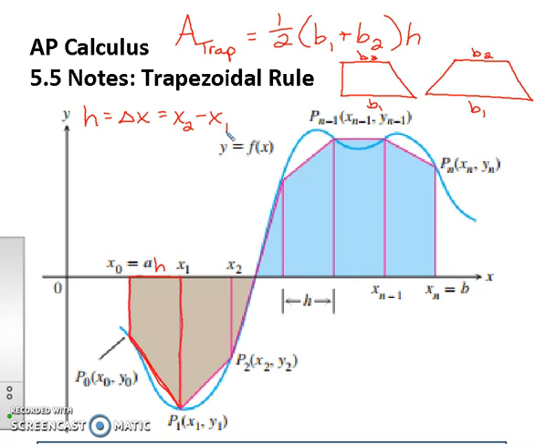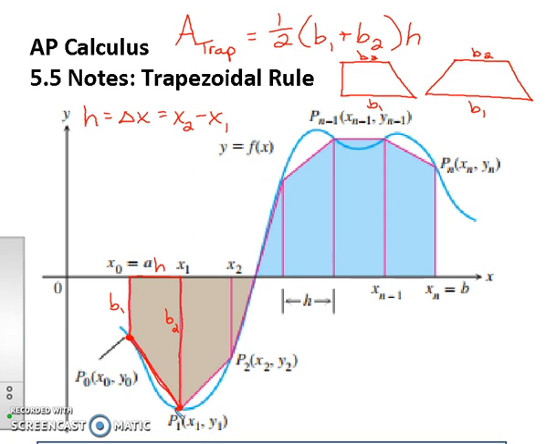And then your bases, like for this trapezoid that I've outlined here, this would be base 1 and this would be base 2. The lengths of those correspond to the function values at those values of x, just like with the rectangles. Those heights of those rectangles came from the y values at our x coordinates.